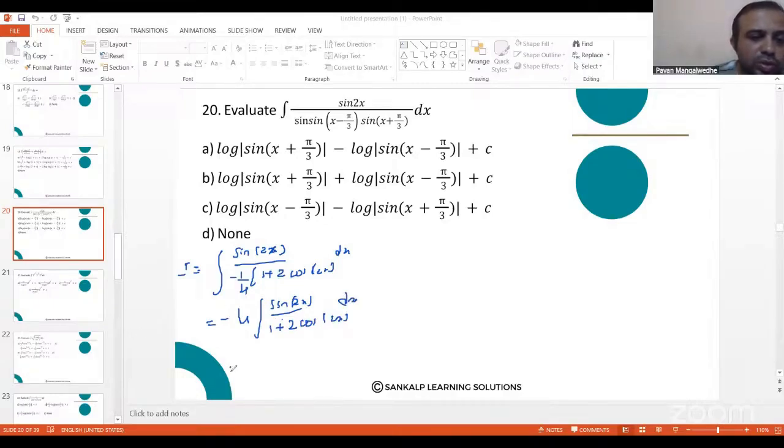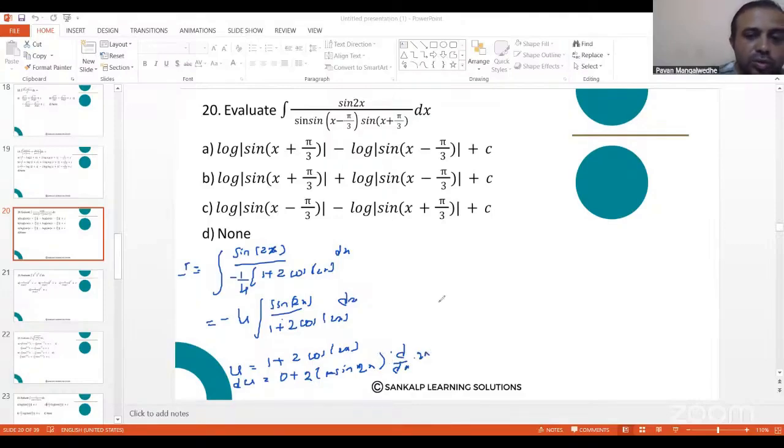So using the u-v condition, u is equal to 1 plus 2 cos 2x, where du is equal to 0 plus 2 of cos x, which will become minus sine x. Sine x in the sense it is minus sine 2x into d by dx of 2x.